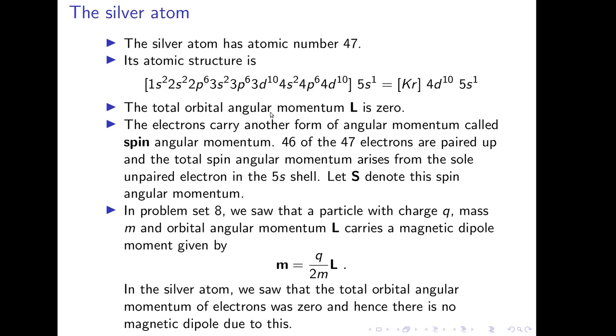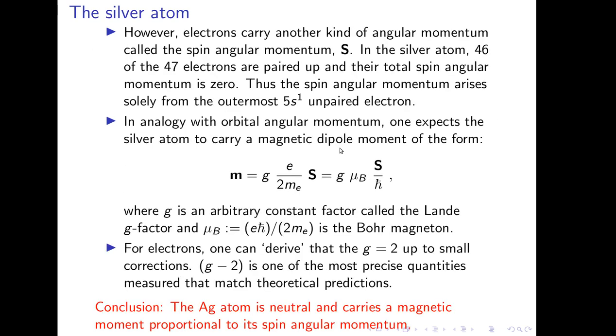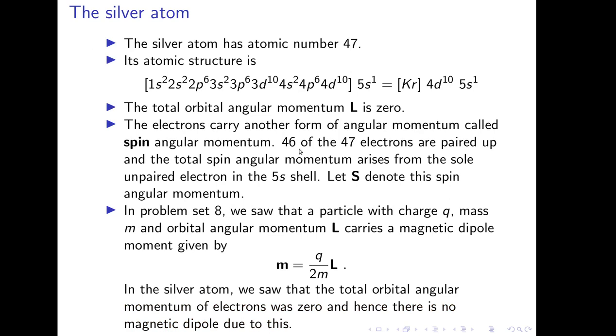The total orbital angular momentum L of all the 47 electrons is 0. The electrons, however, carry another form of angular momentum called spin angular momentum. But 46 of the 47, all these guys which are inside the square bracket, are all paired up, and so they don't contribute anything.